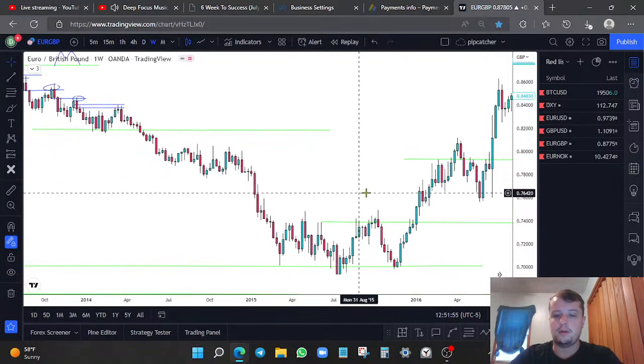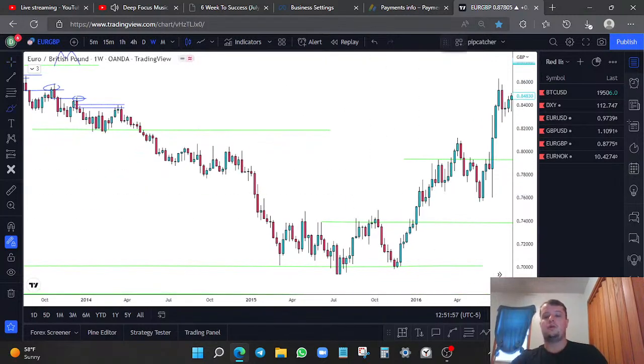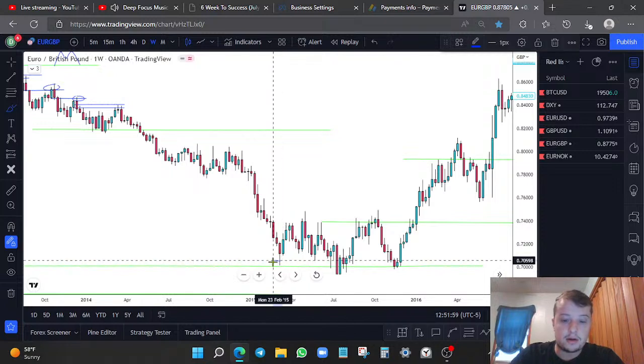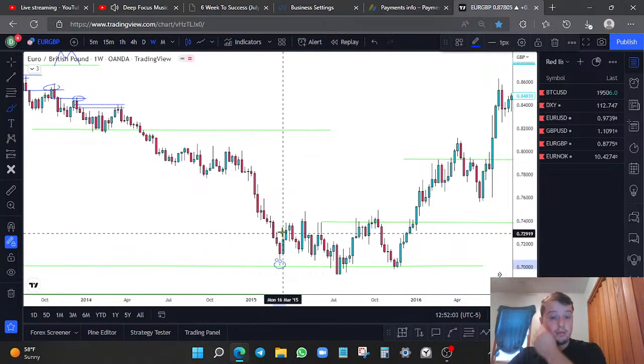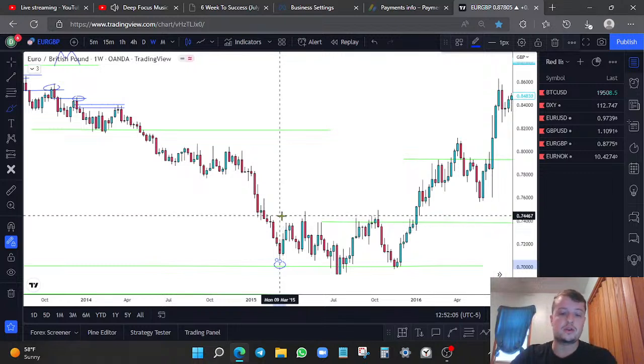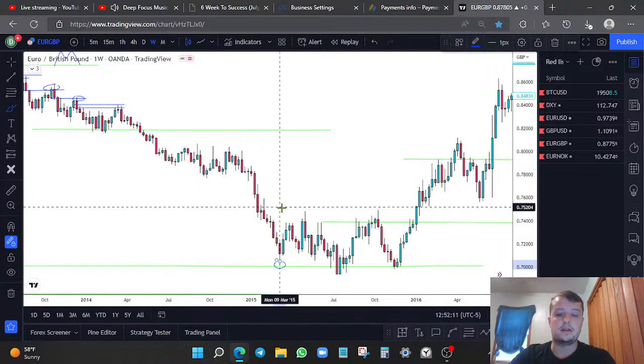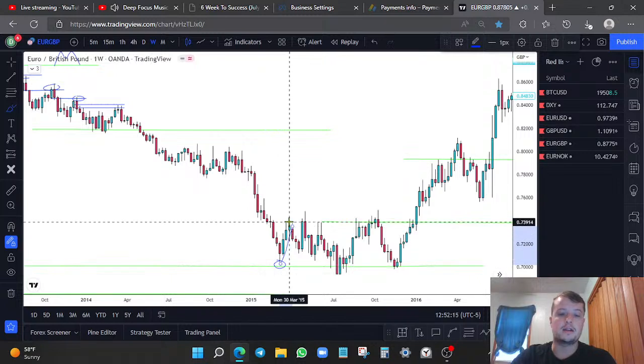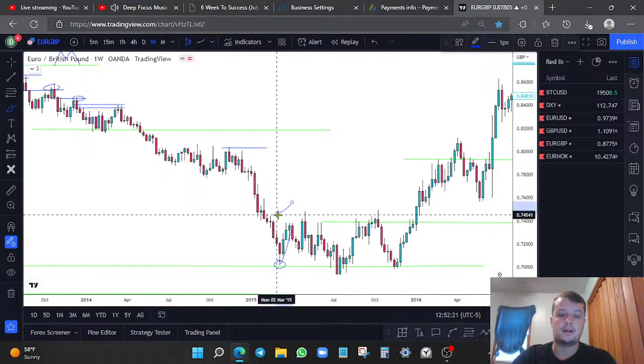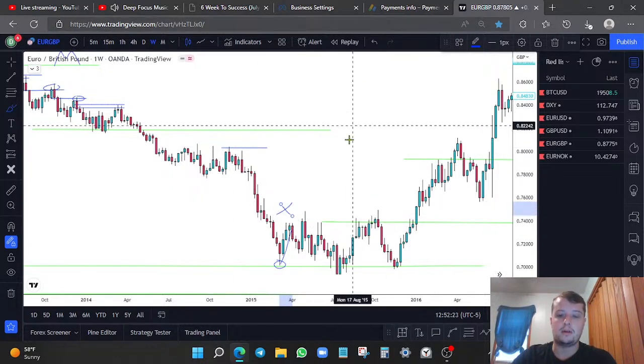Now look here, right? Price comes down into that monthly area, but we need to create some type of structure that needs to be broken. And from here, the last high is way up here. So does this structure break this high? No, right?